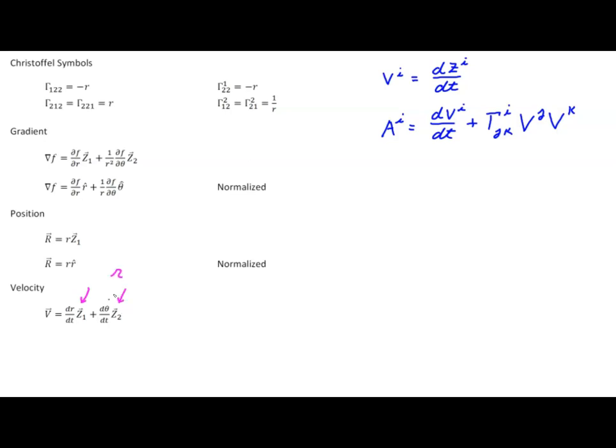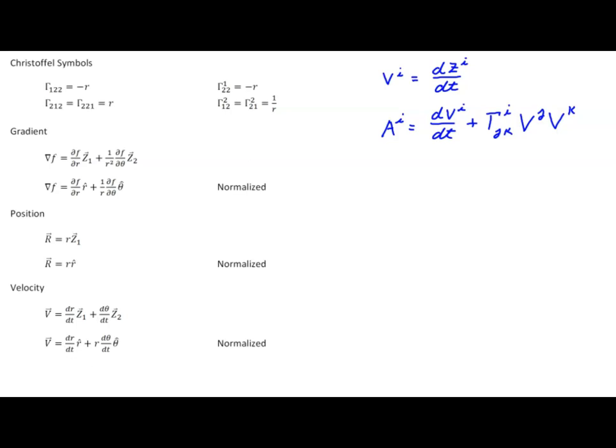You'll remember that it has a magnitude of r, so we replace z2 with r theta hat. R times theta hat is equal to z2. So the act of normalizing this expression adds a factor of r to this second term. And this is the expression that most people recognize for velocity in plane polar coordinates.